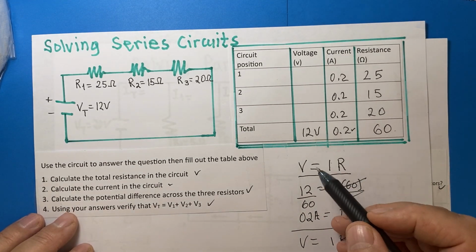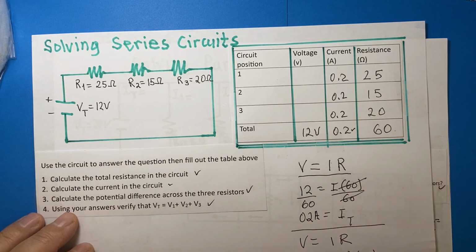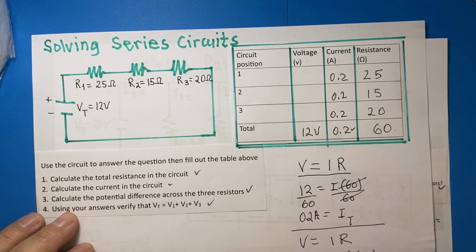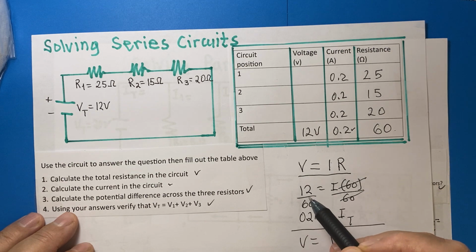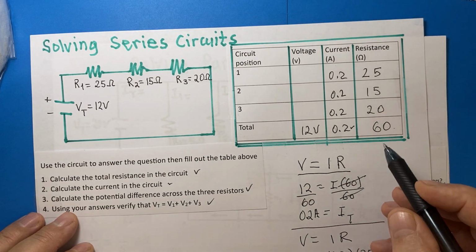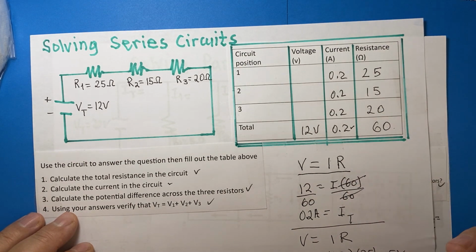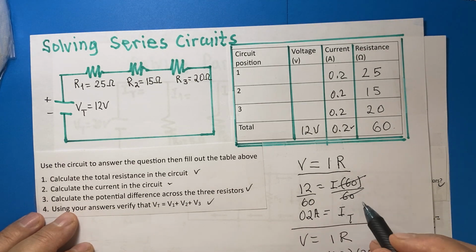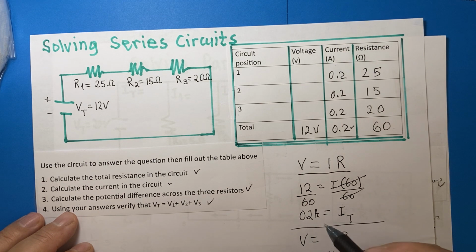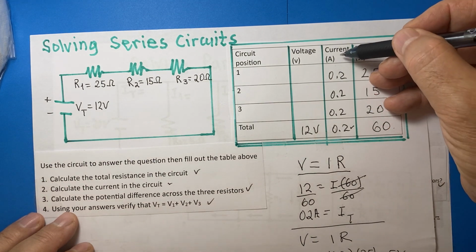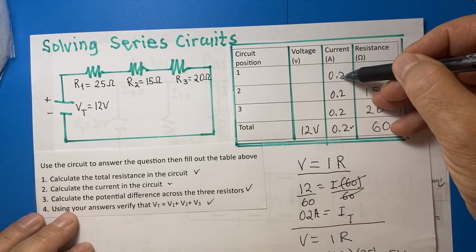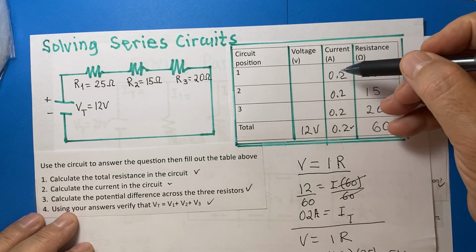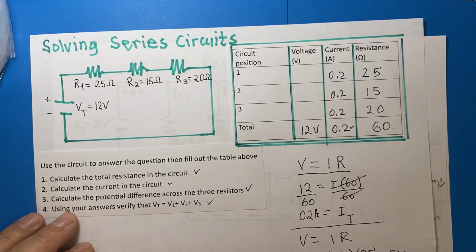We are using now Ohm's law, V equals I times R. Voltage is 12, I is required, resistance is 60, total resistance. We divide both sides by 60 and we find the total current, 0.2 amperes. So current is 0.2 in each of the resistors.